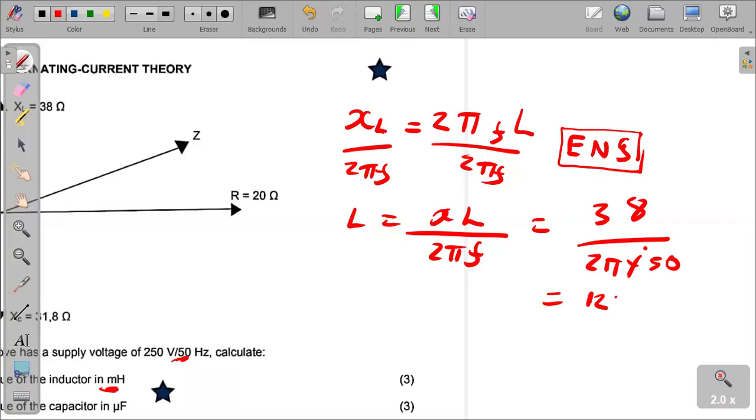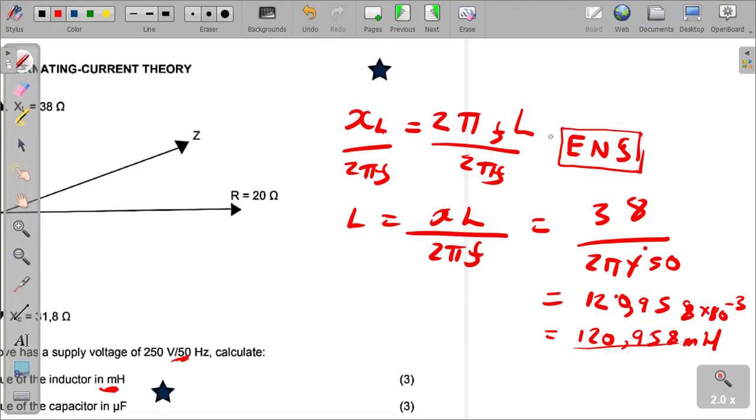It has already given 120.958 etc. So to 3 decimal places, it becomes times 10 to the power of -3. That's what you are seeing there on the screen, which means that 10 to the power of -3 is the millihenries that we want. So therefore, our answer is 120.958 millihenries. That's our answer there, right?